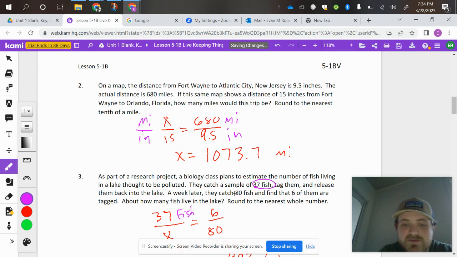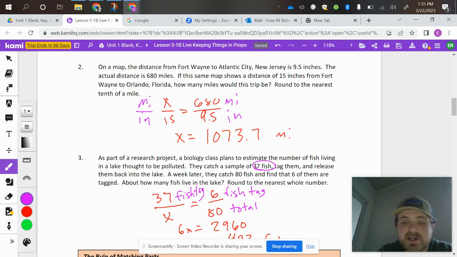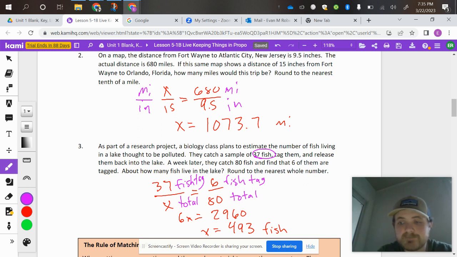So that's 37 fish tagged out of the whole thing, and then it was 6 fish tagged out of the total. The total for when they only caught 80 was 80, and then the total in the lake we don't know. A way to guesstimate would be to cross multiply from here, and divide by 6 on both sides to give you 493.